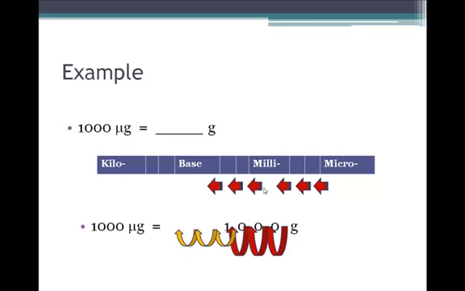But then we go another 3 units to the left to get to the base, and we're going to have to fill in a couple of other zeros here. So we drop some zeros, and we finally get 0.00100 grams, and that's equivalent to just 0.001 grams. So 0.001 gram is equivalent to 1,000 micrograms.